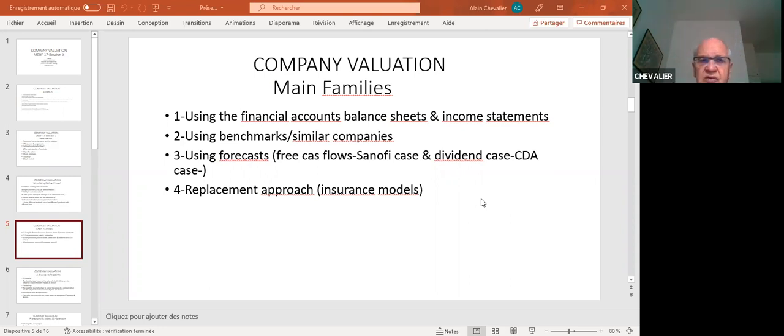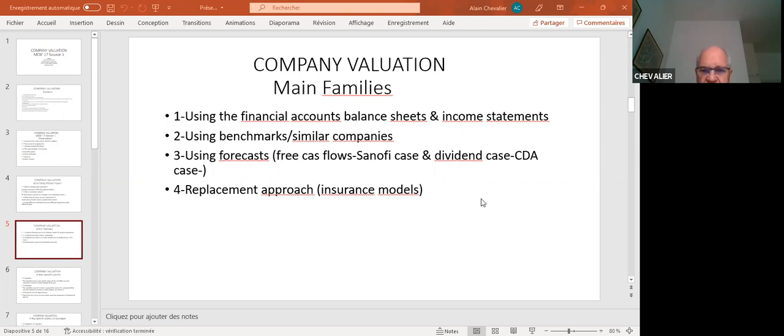You can also use forecasts, and this is very well demonstrated in chapter 19, Berk and DeMarzo. Free cash flows, I will show you the Sanofi case. It can be based completely on free cash flows, the calculation of a table of free cash flows, and then using a capital asset pricing model to find the cost of equity.